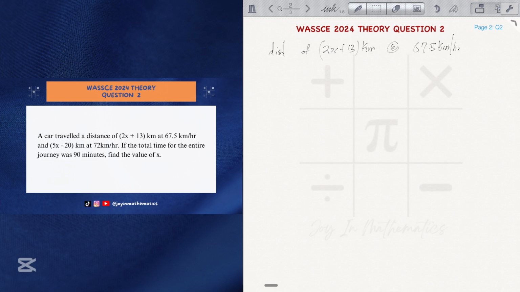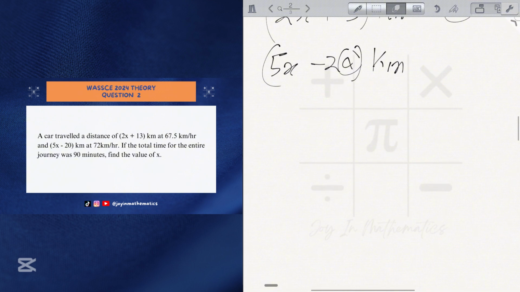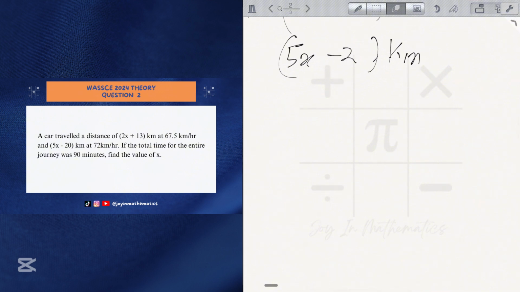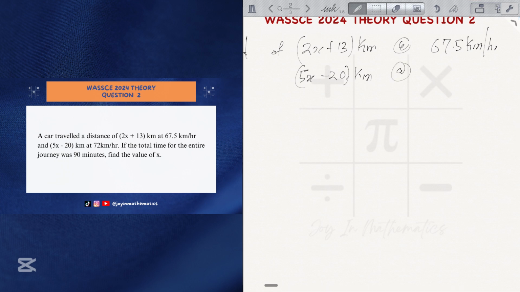And it travels again a distance of 5x minus 20 kilometers at a speed of 72 kilometers per hour.